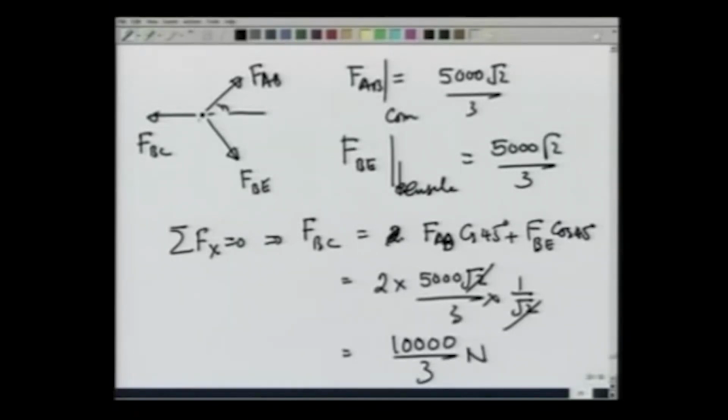And since the pin is being pushed out, the pin will push the rod in, and therefore, on the rod the force FBC is compressive, and this is of the magnitude 10,000 over 3 newtons. So, now we have found forces. Let us make this truss again.